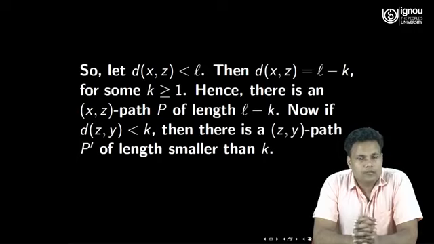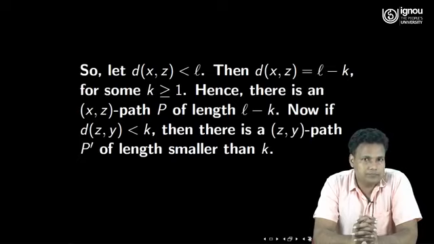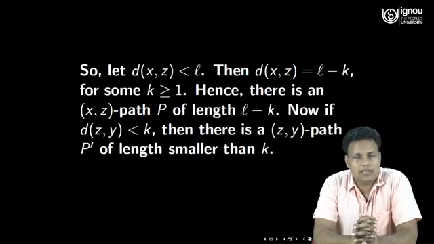So now there is some xz path, say p, of length L minus k. That means a path p which connects x and z and which has length L minus k.